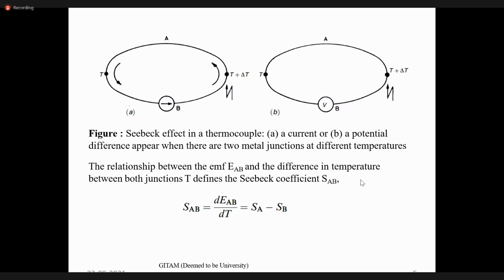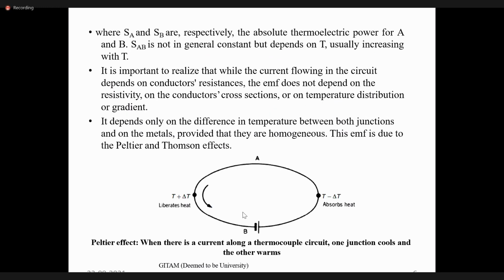But what is the Peltier effect? In the Peltier effect, we are not using any temperature sources to increase junction temperatures, but we are using a battery to increase the current flow.